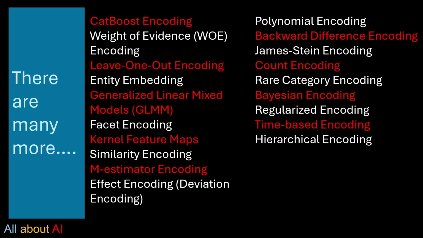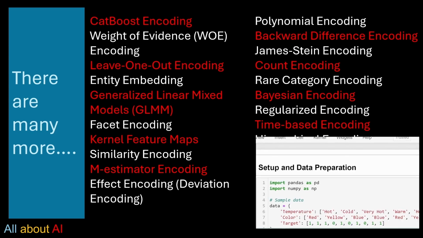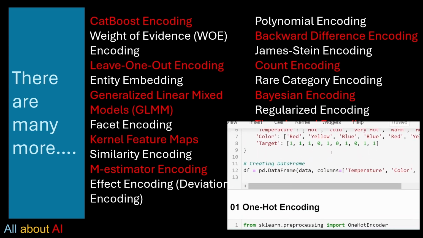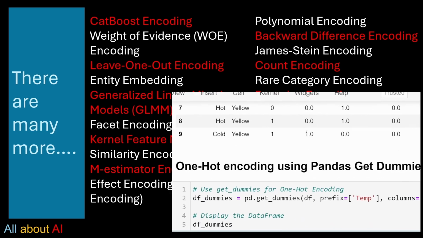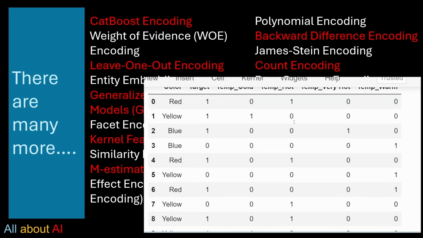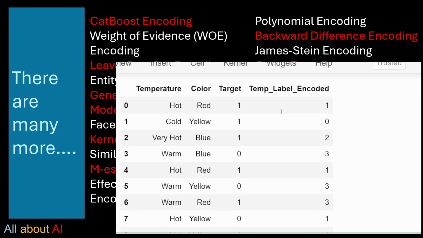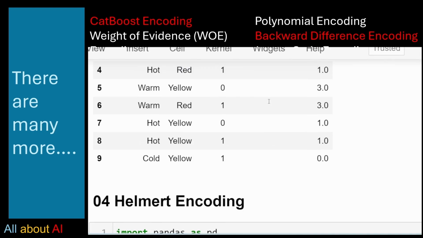So we just scratched the surface here. There are many more methods and many of the state-of-the-art categorical encoding methods we'll be covering in our detailed AI advanced lessons for AI practitioners. There are more than 25 methods.